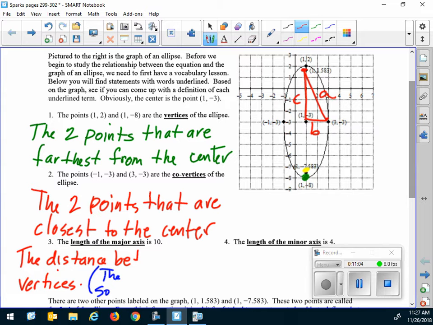I'm sure of that. So, what equation can we put together for this triangle based on the Pythagorean theorem? B squared plus C squared equals A squared.